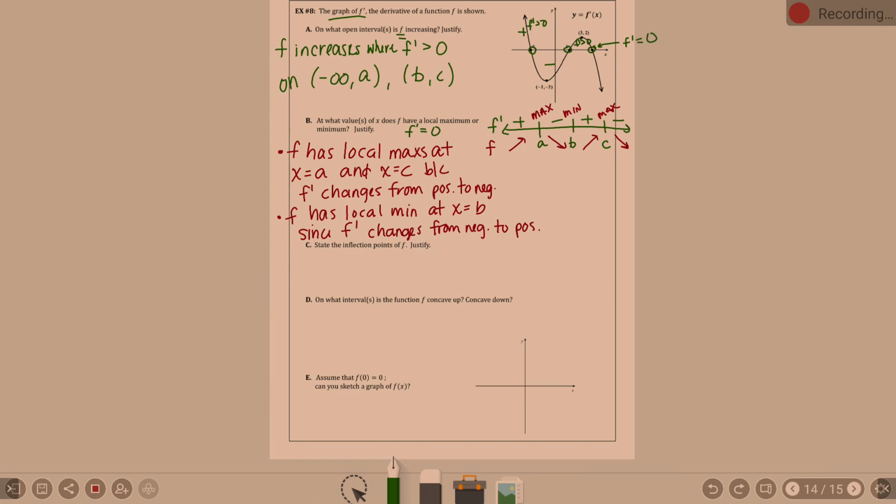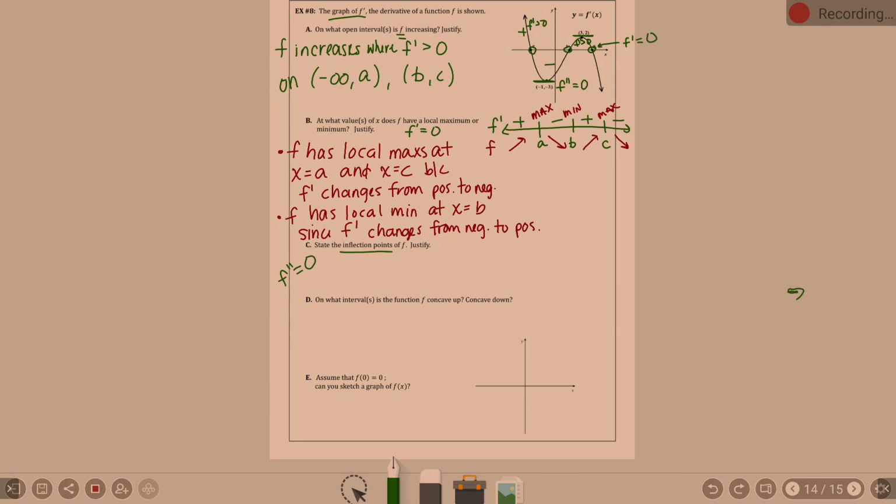Inflection points are going to happen when the second derivative equals 0. Where is the second derivative equaling 0 here? Negative 3, 2. Okay, so there are going to be inflection points. Now, -1, -3, and 3, 2 are not points from the original graph. We just want the x values there. Does that make sense?